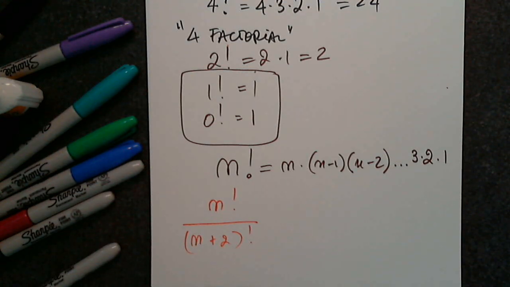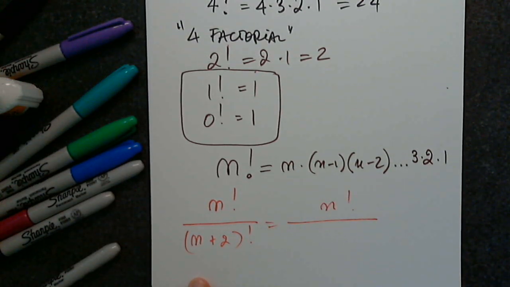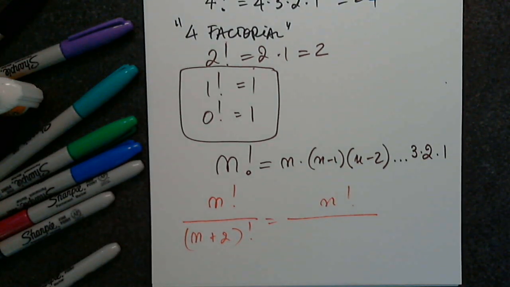Which of these 2 will be a longer product, you think? Which one is bigger, the numerator or the denominator? The denominator, because it has n plus 2. So let's leave the numerator alone. And please tell me, what will you write for the denominator?